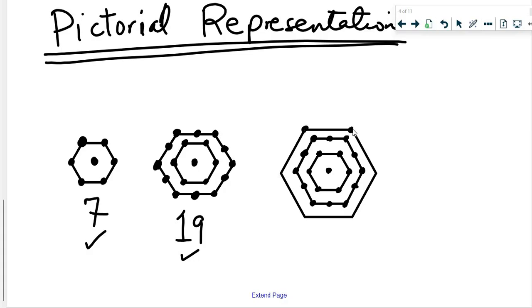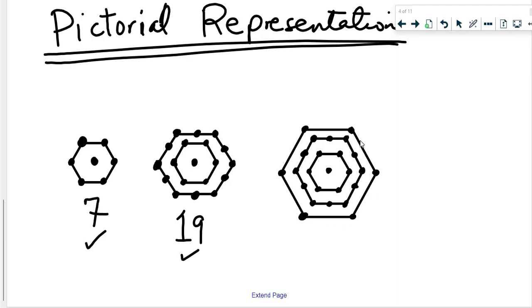Corner to corner, 1 dot, corner to corner, 1 dot, corner to corner, 1 dot. Now, in the middle, who can tell me how many dots you will keep? Can you think? You will keep 2 dots exactly in the middle, 2 dots.